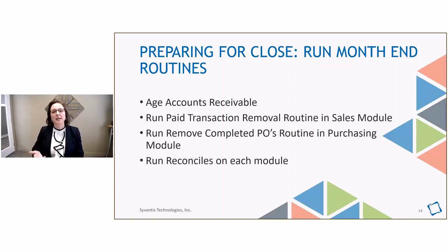So the month-end routines in the system that you need to run are things like aging accounts receivable, running the paid transaction removal routine in the sales module, running the remove completed POs routine in the purchasing module, and reconciles on every single module. All of those things at a minimum should be run every month end. In addition, if you have project accounting, you should be running full reconciles on project accounting every month end.